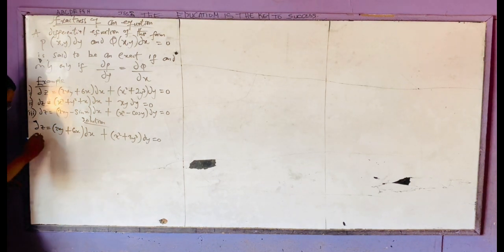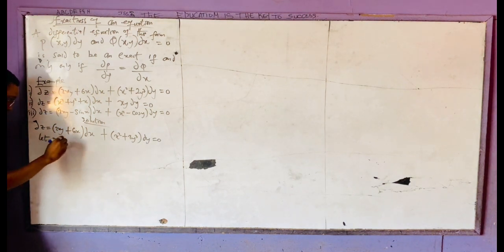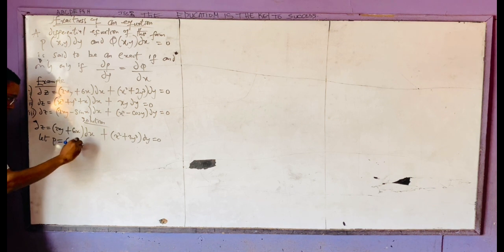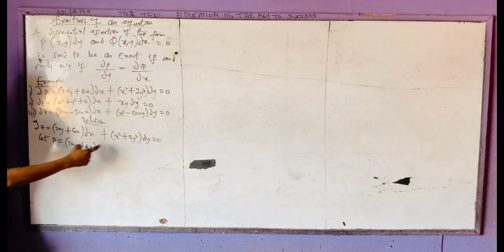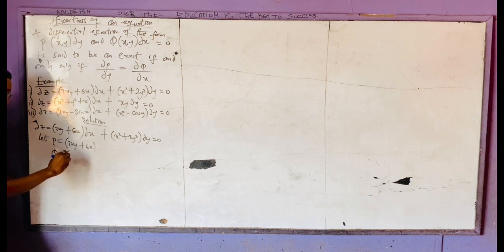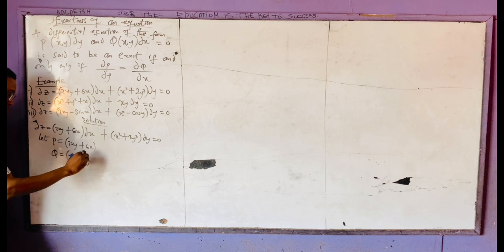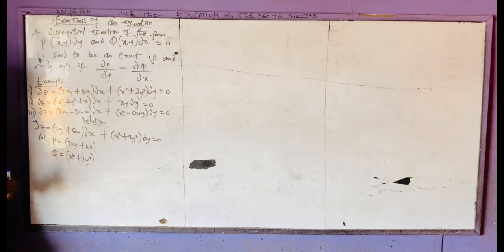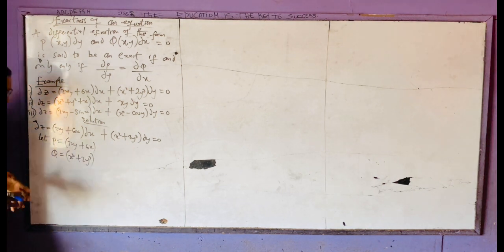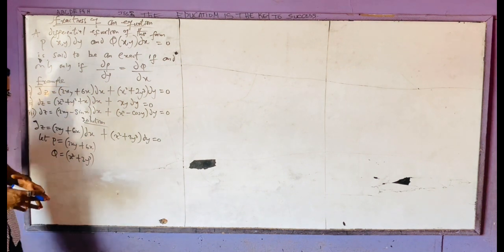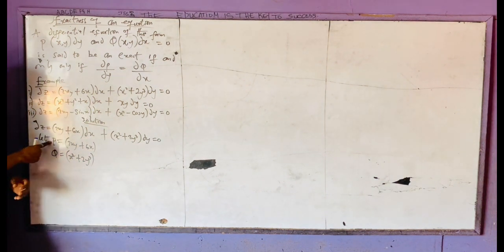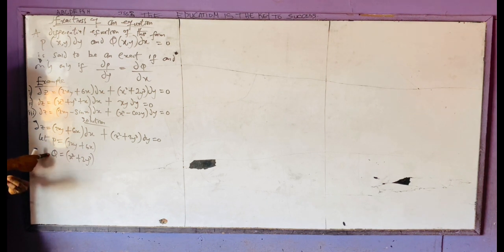So we let p equals 2xy plus 6x. At the same time, q equals x squared plus 2y to the power of 3. Now, the next step is to differentiate p with respect to y and differentiate q with respect to x.